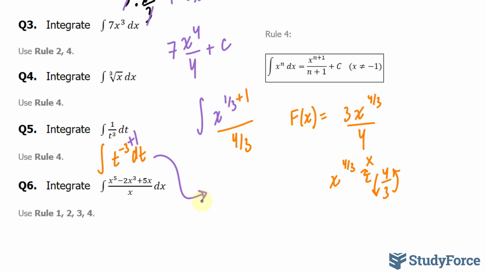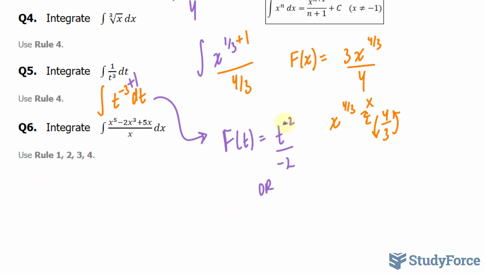That is my antiderivative. Big F at t is equal to t to the power of negative 2 over negative 2, or, if your teacher doesn't like negative exponents, 1 over negative 2 times t to the power of 2.